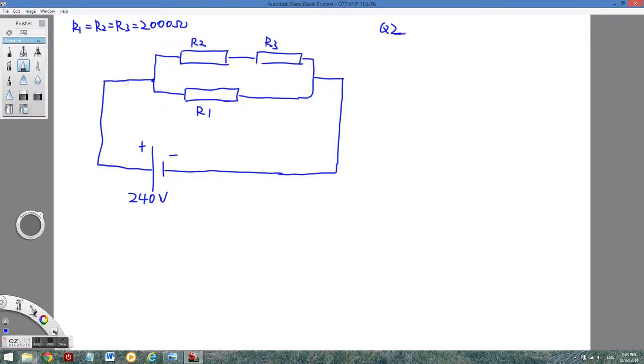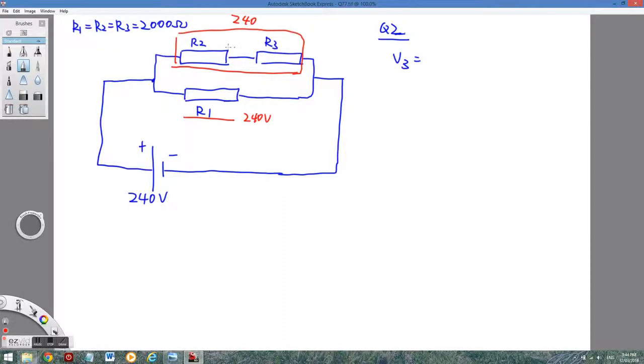Now here is a picture of the circuit I rewrote. For question 2, I need to find the voltage across resistance 3. I know it is a parallel circuit, so the voltage will be the same across the branches. I have 240 volts across here, and I should have 240 volts across R2 and R3 together.